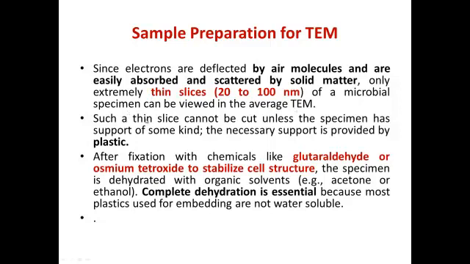These thin slices cannot be generated using the normal knives which are used for the conventional microtome. So for this purpose, the specimens have to be cut by using special knives made of diamond or glass, and the specimen has to be embedded in a special plastic structure that provides support even after the sample is cut.